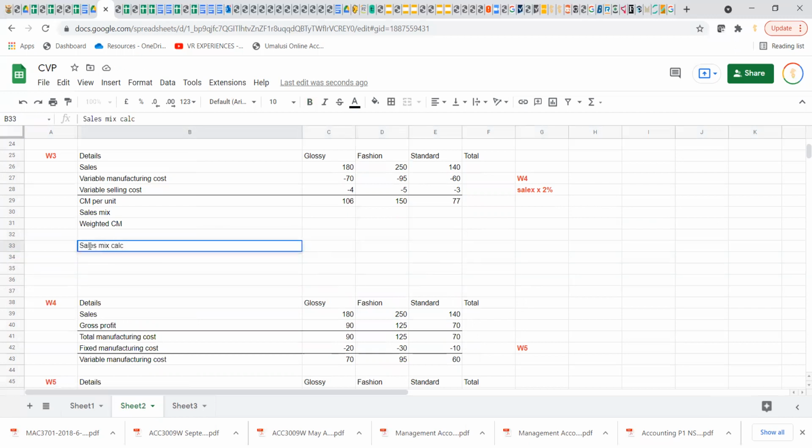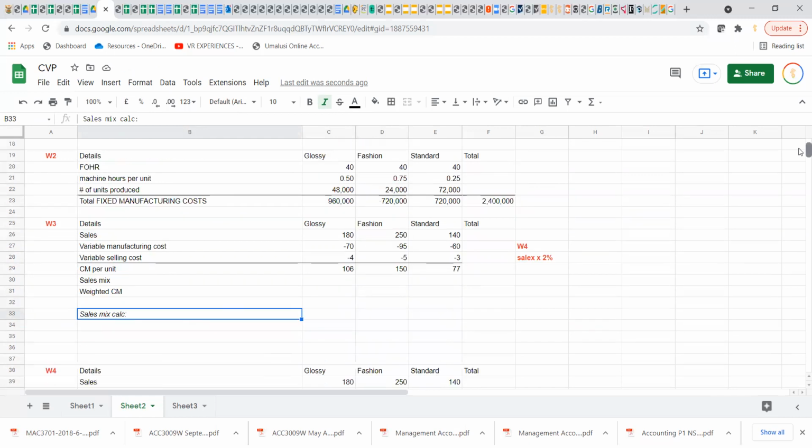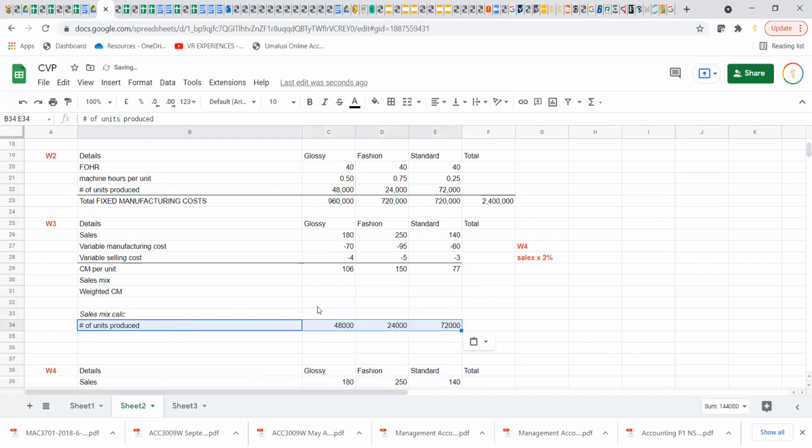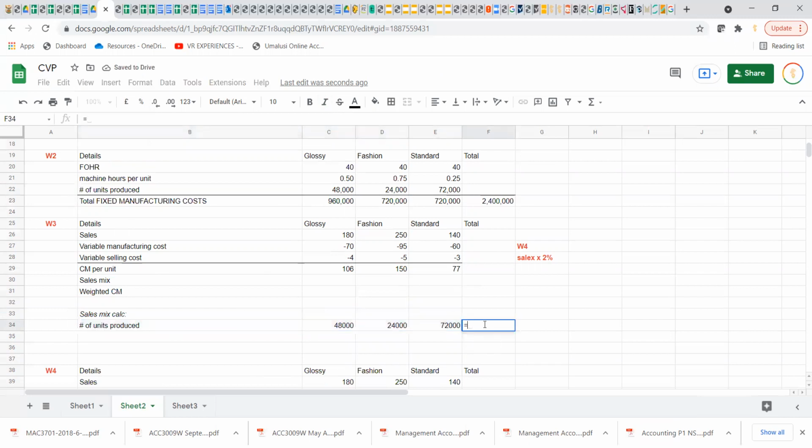we're just simply going to put in the number of units. So the sales mix calc, number of units, we had it somewhere. Yeah, so I'm just going to take this. Just get the total, and you work out a weighting for each.